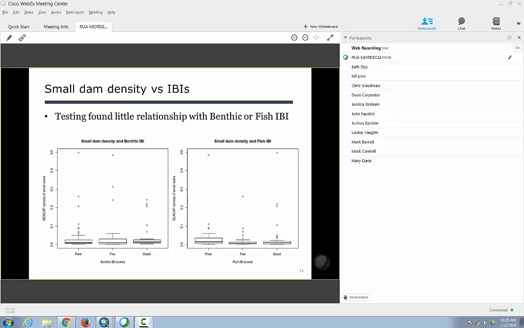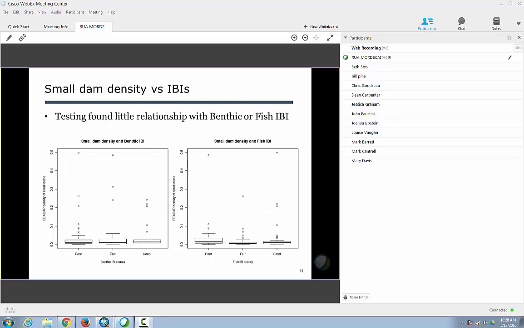So most likely this is not a conceptual problem with using small dam density. It's just a problem with the data we have available, and shows that the data, at least that we had at the time, is just not quite ready to be used in that way.